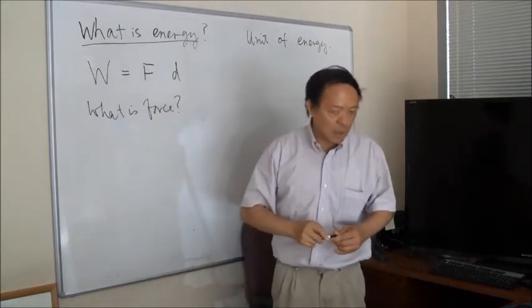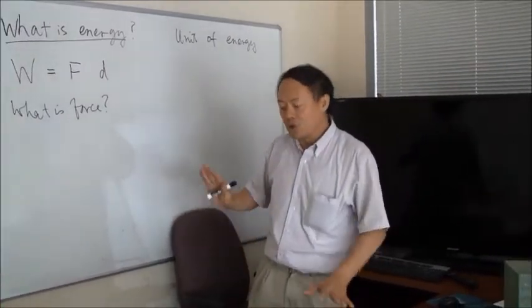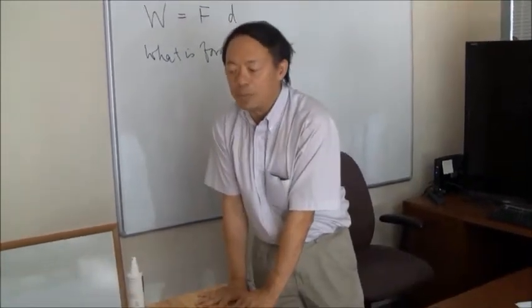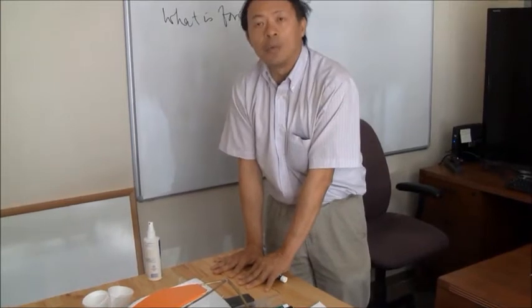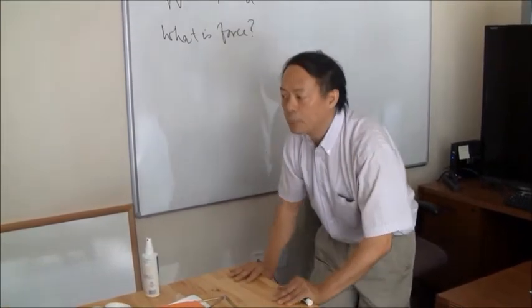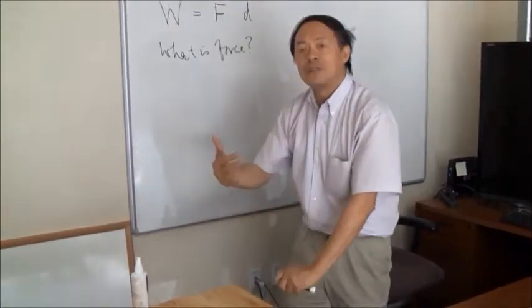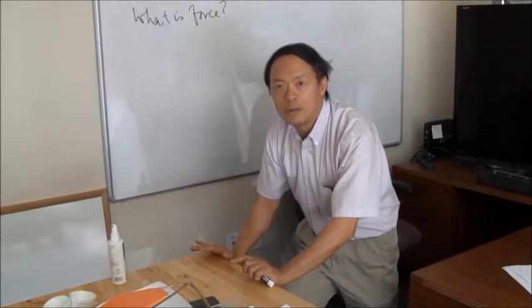This is a notion that we are very familiar with in our everyday life. If we exert a force on the table, the heavier I am, the more force I would be exerting on the table. But I'm not doing much work because the table is not moving. Unless I'm pushing the table out, and then I really have to do quite a bit of work because there's friction opposing my force on the table.